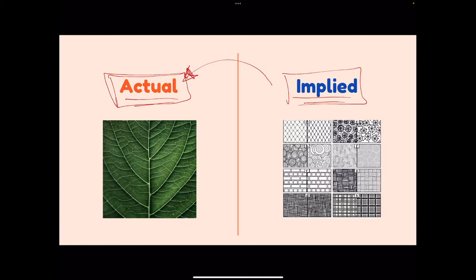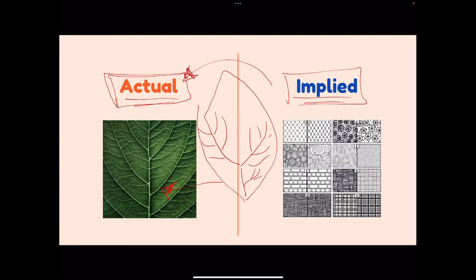So implied means to replicate, to make the same texture of any element. So I'm making a texture of this. I'm replicating the leaf. I'm making the leaf and replicating the texture. Can you see the texture? I'm using lines to create these things. We can use paint, colors, or crayons, anything to create the same texture.